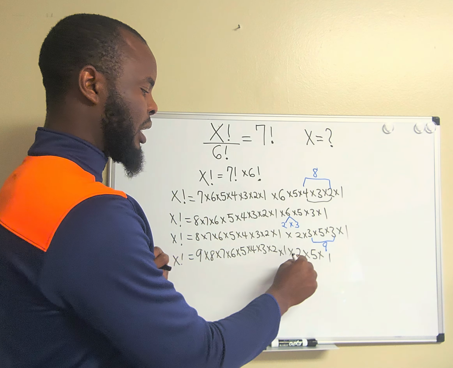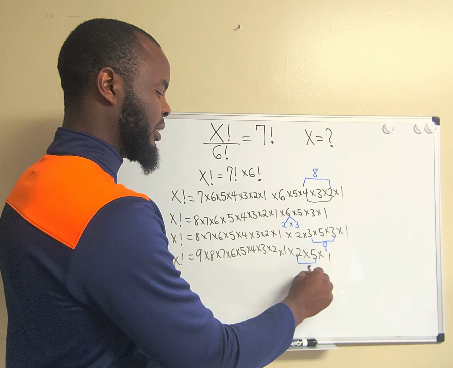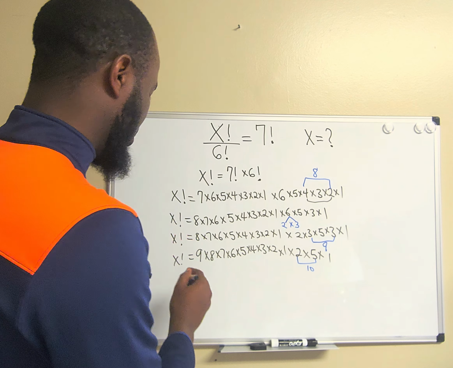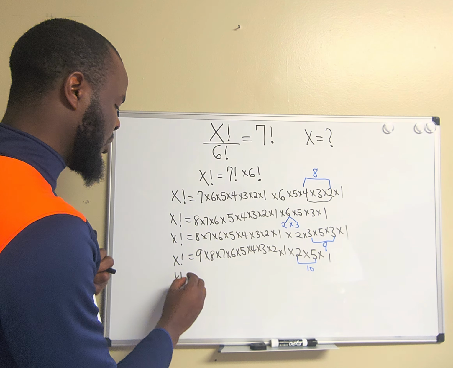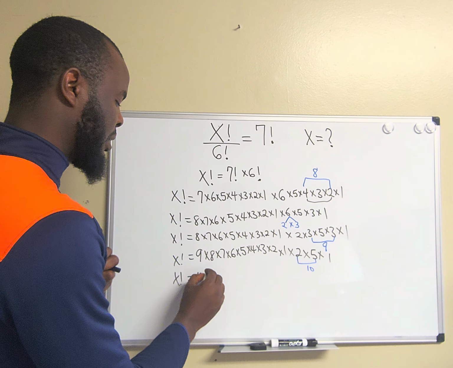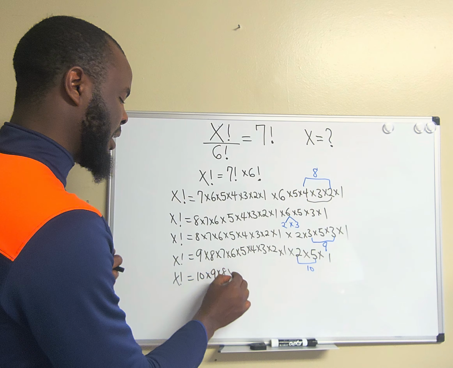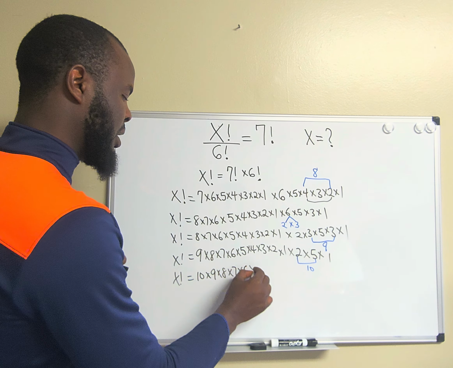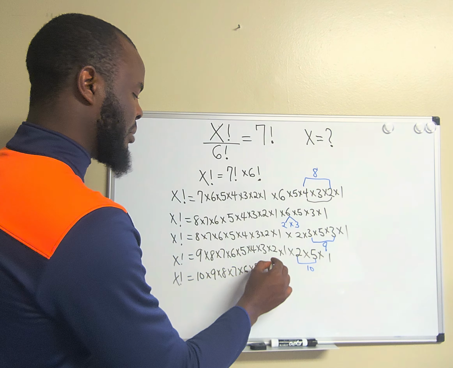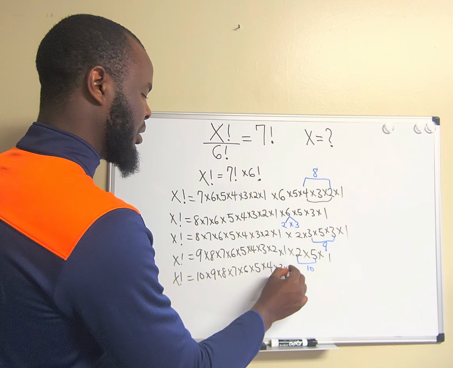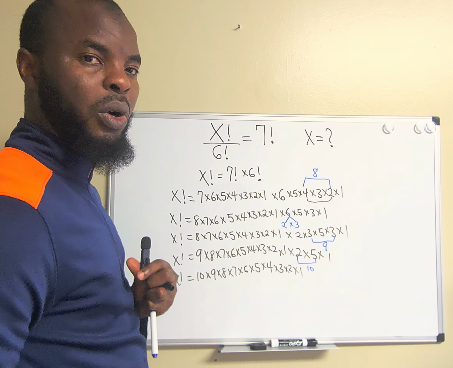Now, looking at 2 times 5, this gives 10. So here my x factorial is going to be 10 times 9 times 8 times 7 times 6 times 5 times 4 times 3 times 2 multiplied by 1.